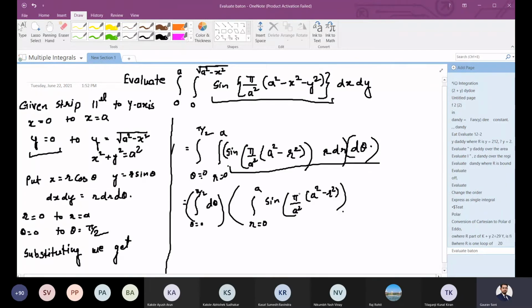If you take the derivative of pi by a square in bracket a square minus r square, what we will have is pi by a square into minus 2r. So I'll multiply and divide by the remaining thing.